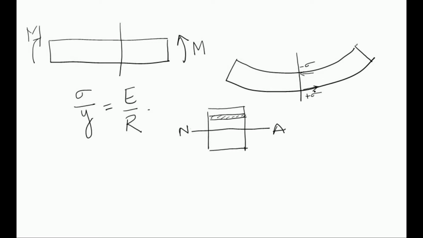So there is compressive stress over here, there is tensile stress over there. So now if you look at the cross section, which is rectangular and planar, you have force acting into the plane in this layer or in this small area, and then you have force acting out of the plane below the neutral axis.